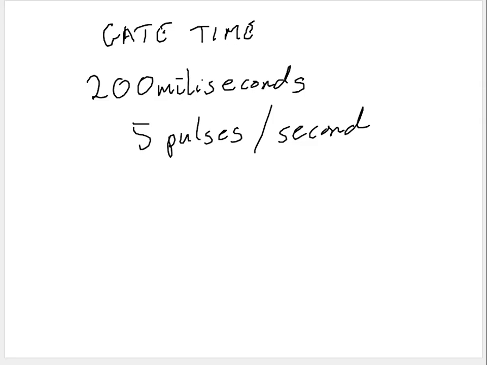You have to make sure that your PLC has got a gate time which is fast enough to be able to see whatever meter you might have. Because if your PLC can only see 5 pulses a second and your meter's giving out 8 pulses a second, you'll only see 5 of those, which means that you'll undercount the pulses.